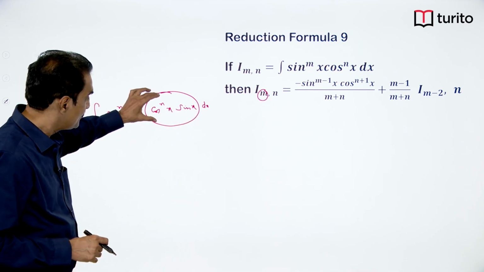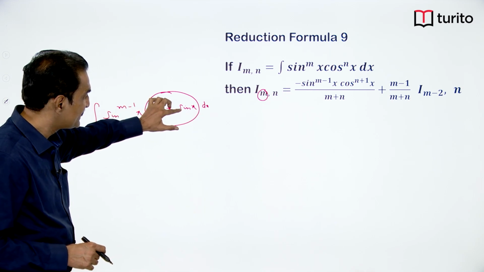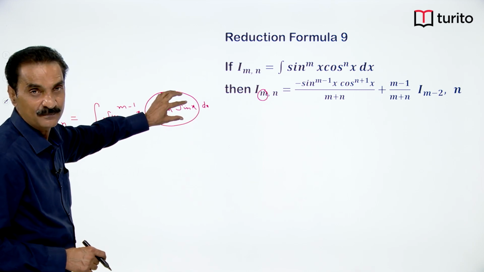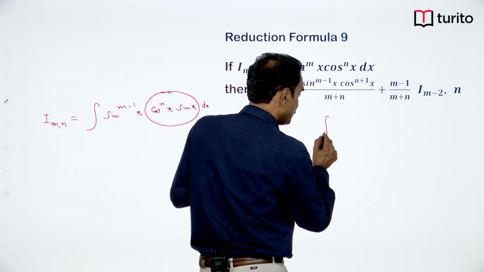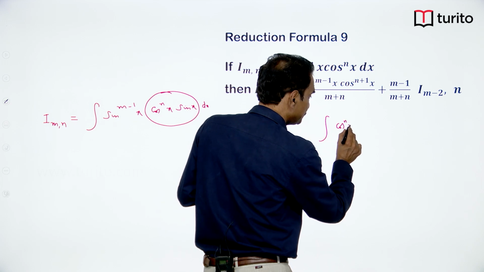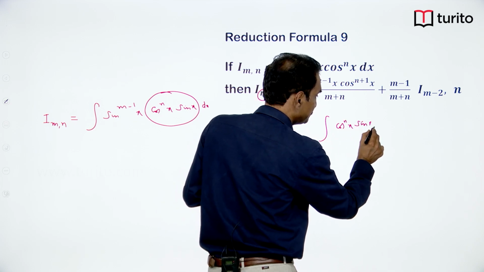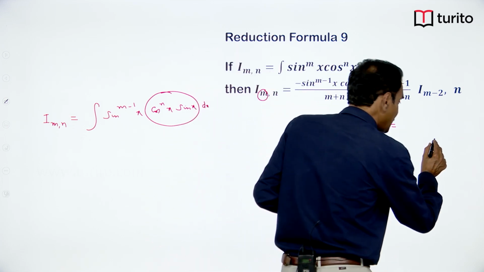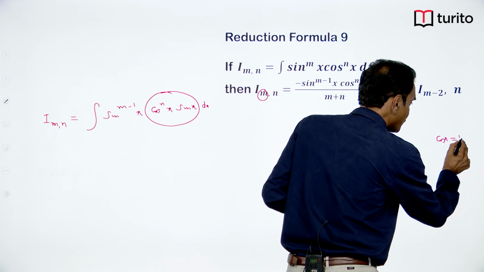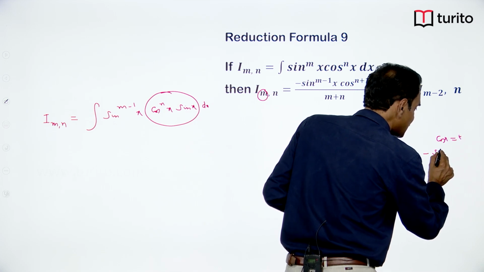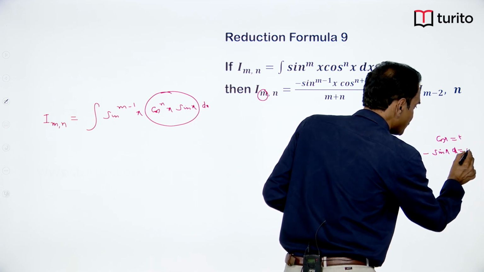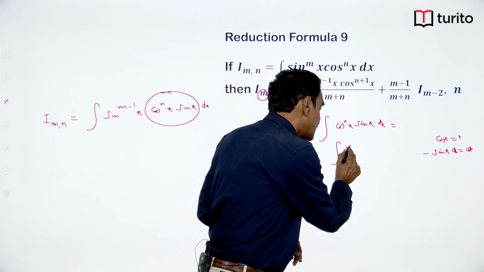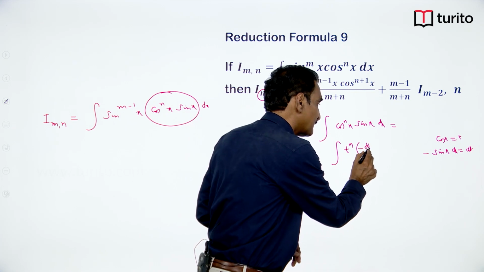What is the integral of this? Derivative of cos x is minus sin x. So, if you put cos x equal to t, it becomes t power n into dt. Separately, if you put cos x equal to t, minus sin x dx is equal to dt, then this becomes integral t power n into minus dt.